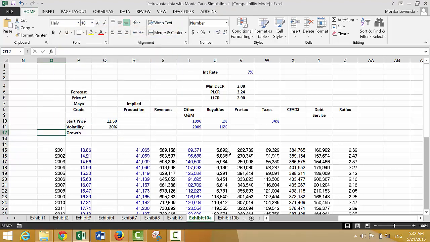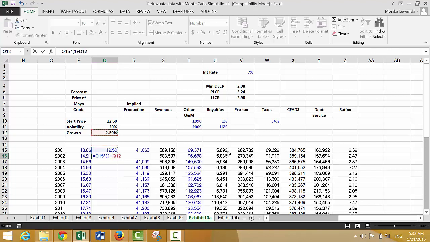I'll just copy that. So let's put 2.5%. Okay, and then Shift Control P. And now what we do is we put 12.5 if we want to make this into a Monte Carlo simulation. In the next one, we multiply 12.5 by 1 plus the growth rate first. And then you add the last value, and when you add the last value, you first multiply it by the volatility.